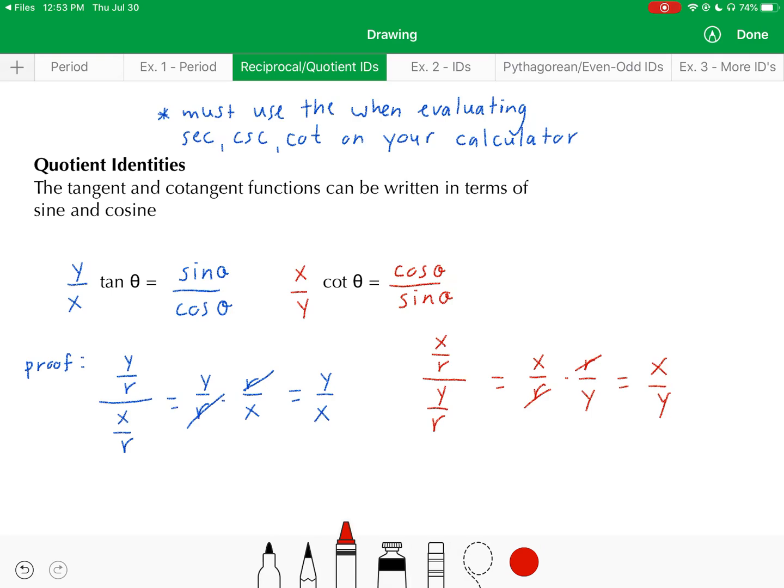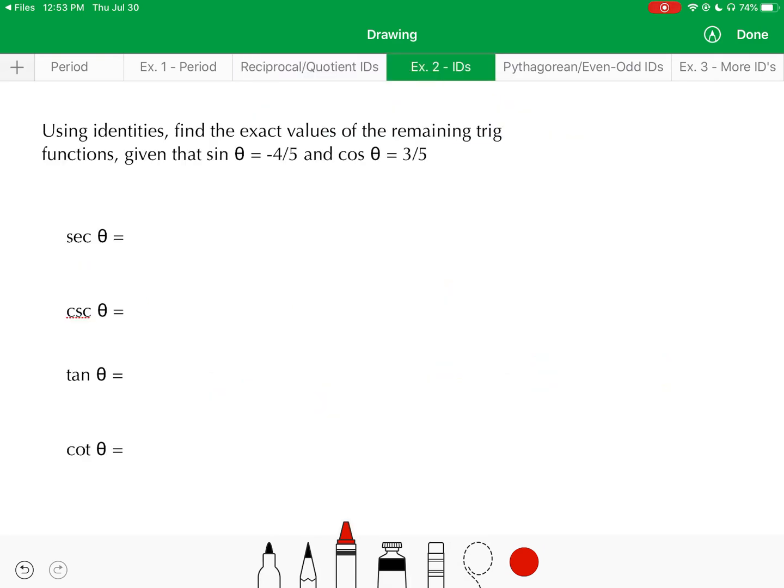Okay, so let's utilize some of these identities in these examples here. Find the exact values of the remaining trig functions given that sine of theta is equal to -4/5 and cosine of theta is equal to 3/5. Okay, so one way you could approach this, I know secant of theta is equal to 1 over cosine of theta, which is 1 over 3/5 in this case, and 1 over 3/5 is the same as 5/3.